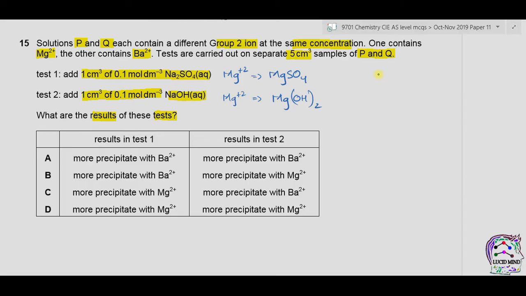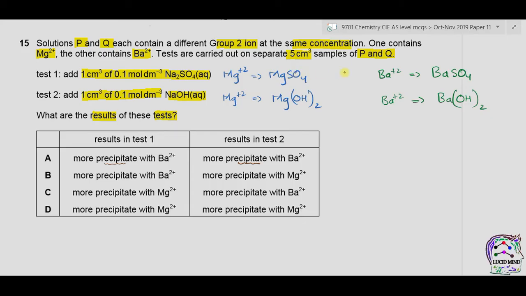Similarly, barium plus 2 will form barium sulfate in the first test, and in the second test it will form barium hydroxide. As in the results, we have to find out the precipitation, so therefore let's find out which is more soluble among sulfates and among hydroxides.